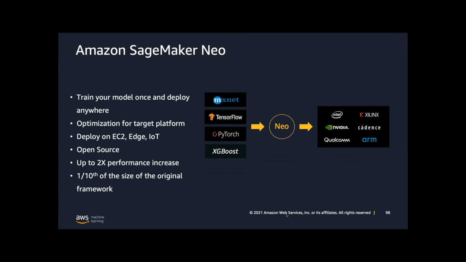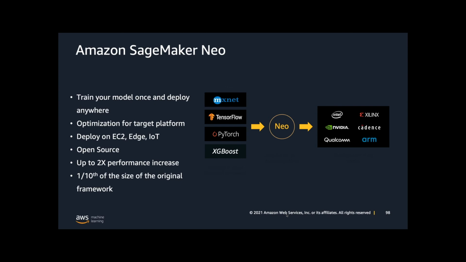And it provides some optimization for the targeted platform. So, for example, you start with a machine learning model built using whatever, TensorFlow, PyTorch, XGBoost, and train with SageMaker.